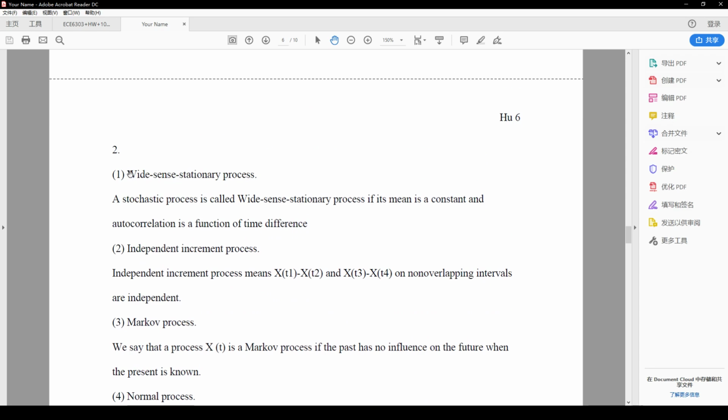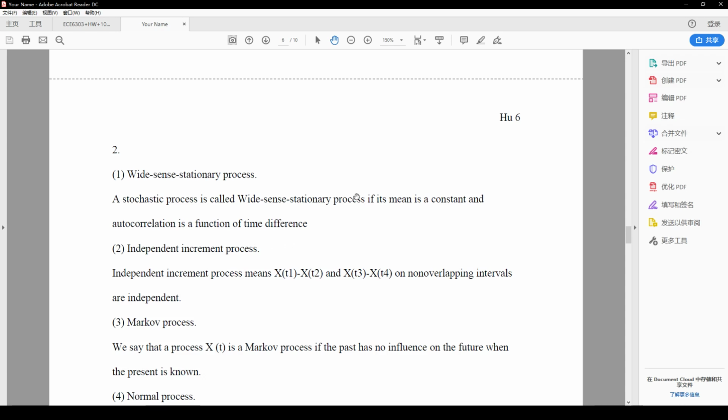The first is the wide-sense stationary process. In this part, the basic property is that the mean of a WSS process is a constant and the autocorrelation is a function of time difference.